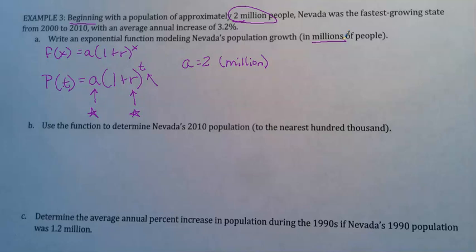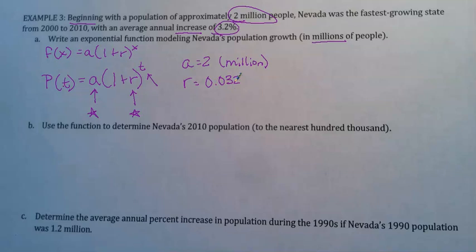How about, do we know an R? An R is that rate of growth, or that percent. Yeah, we know it's an annual increase of 3.2%. So the increase tells us it's positive, and 3.2% we need to convert into decimal form. So that's going to be 0.032.